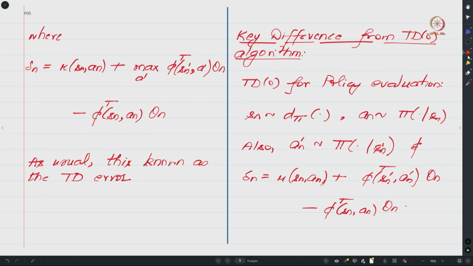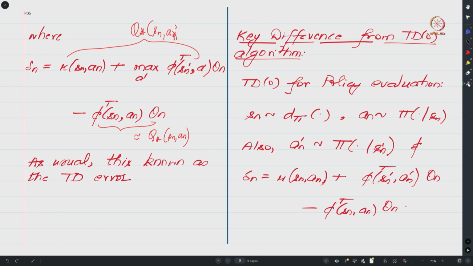You can think of the first quantity as an estimate of q star Sn An at time instance n, and the second can be viewed as another estimate of q star Sn An.